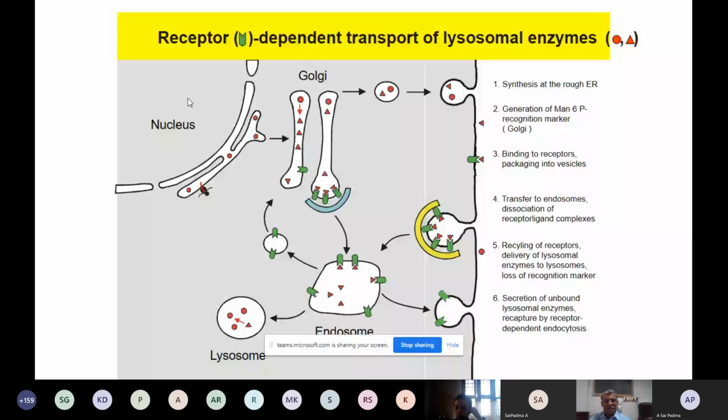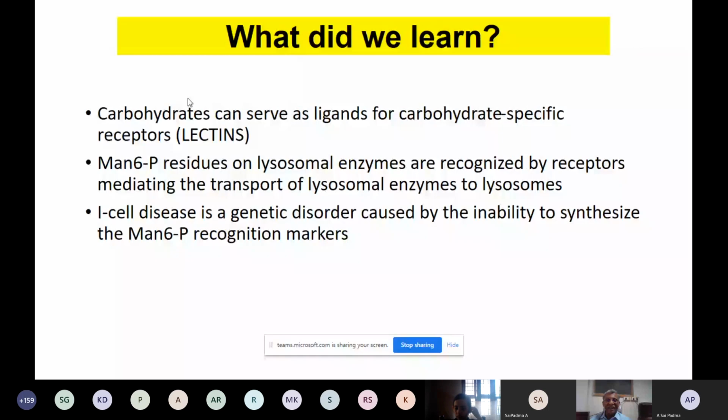And from the outside, this receptor on the cell surface can also bind the lysosomal enzyme or mannose-6-phosphate containing ligand, and internalize them so that they can get into the cell.